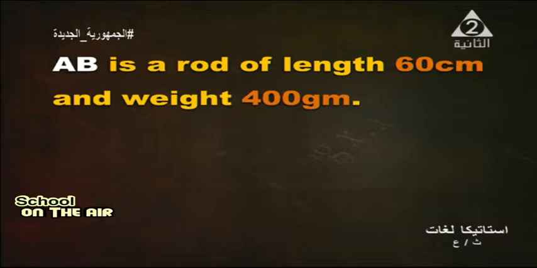Now we move to another example. AB is a rod of length 60 centimeter and its weight is 400 grams.